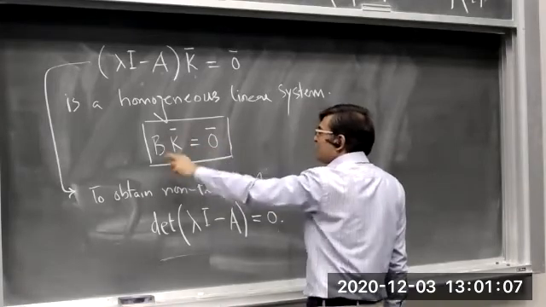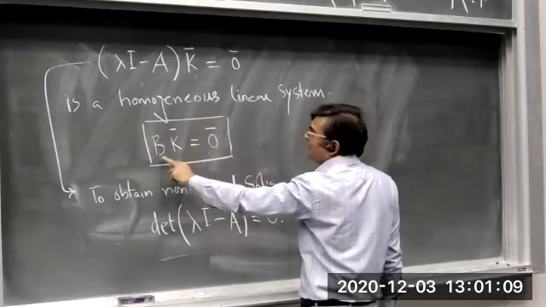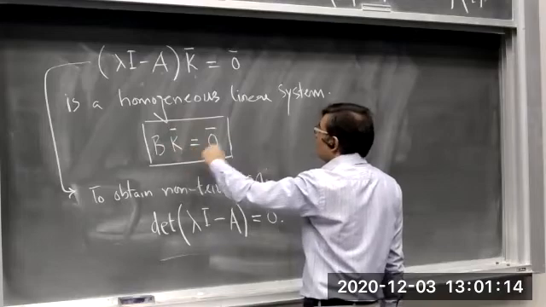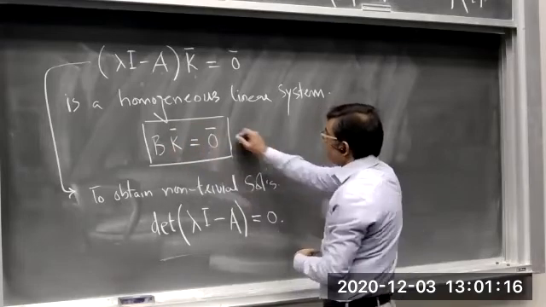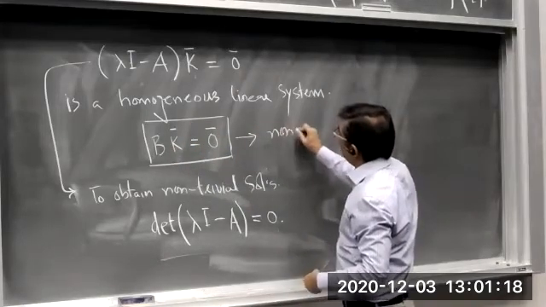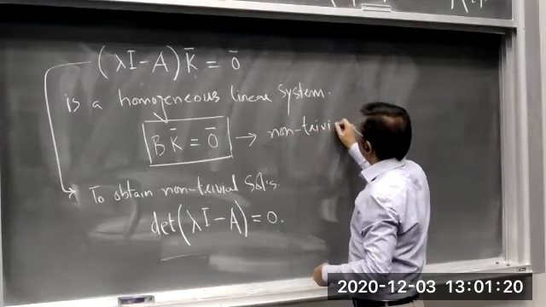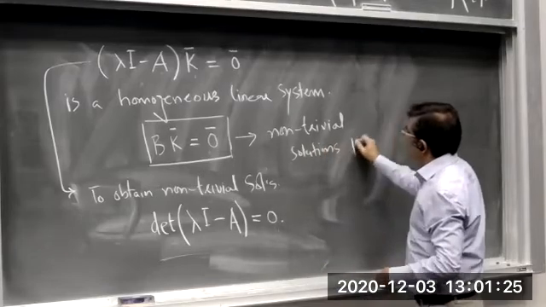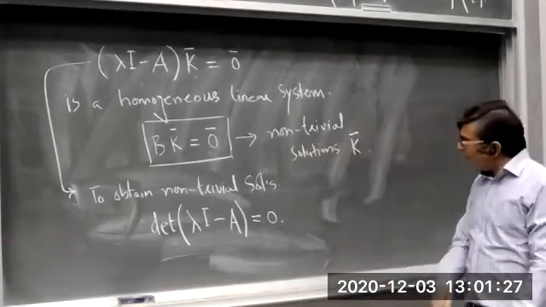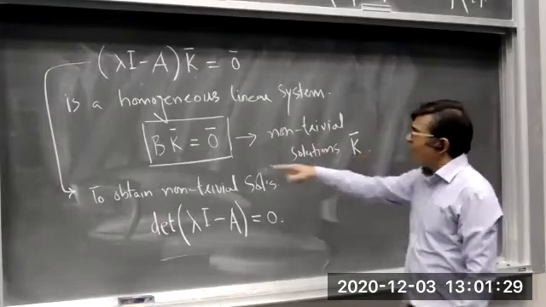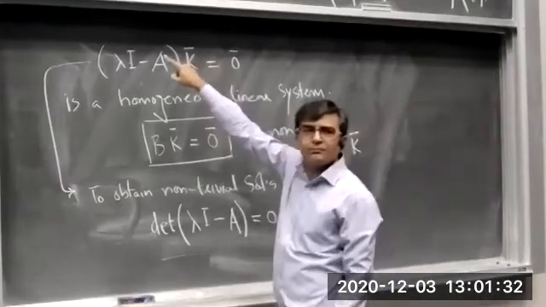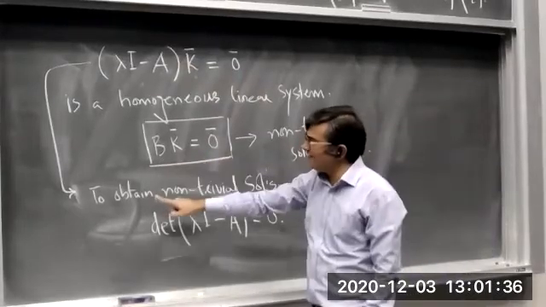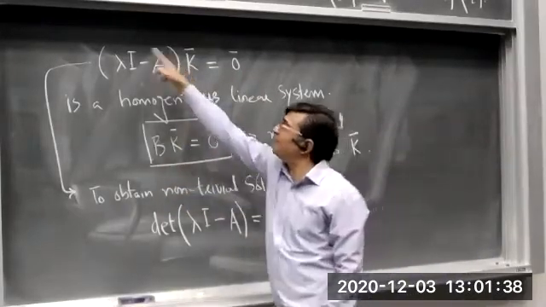You have this homogeneous linear system; if the determinant of B is 0, then you can find non-trivial solutions for k from this system, provided that the coefficient matrix is singular, meaning its determinant is 0.